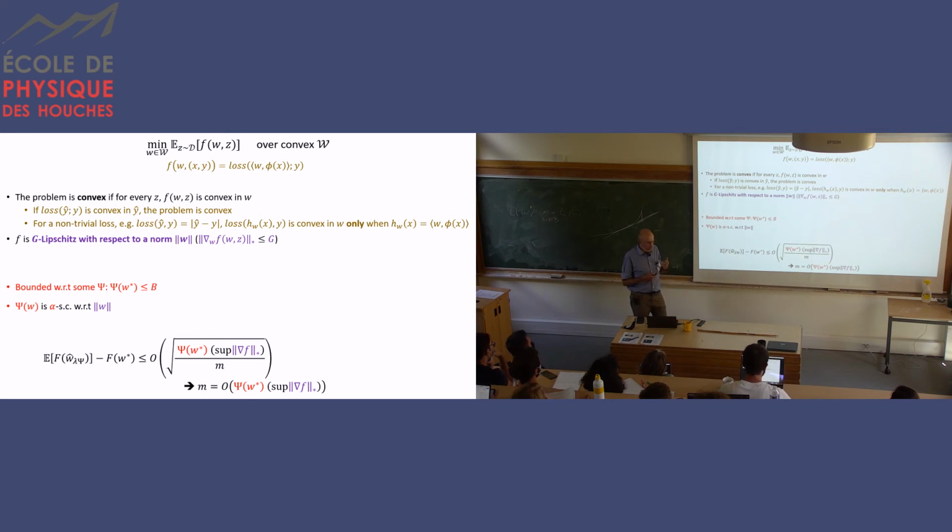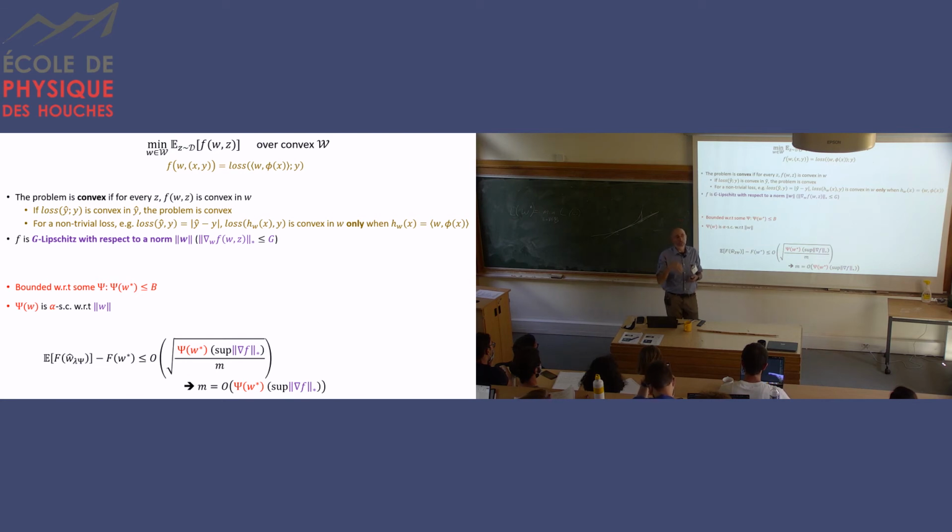If your loss is non-trivial, then sometimes the loss is going to be increasing with h of W. If the loss is increasing with h of W, then in order for the loss to be convex, you need h of W to be a convex function of W. Other times, your loss is going to be decreasing with h of W, because, depending on the label, you want to either increase or decrease your predictions.